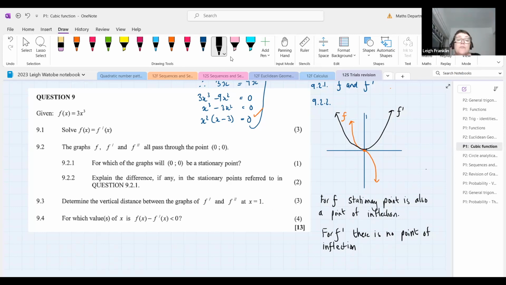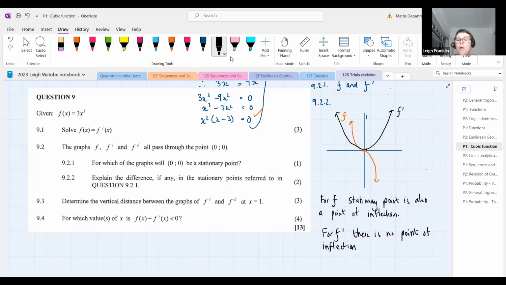That point (0, 0) is the minimum of the first derivative. It is the turning point of the first derivative. All of those things are true. What they are asking, though, is that when they refer to the word stationary point, that means a turning point, where the gradient is equal to 0 because the graph is changing direction.